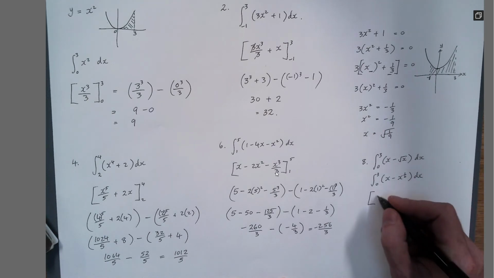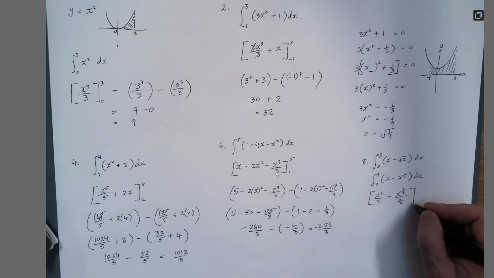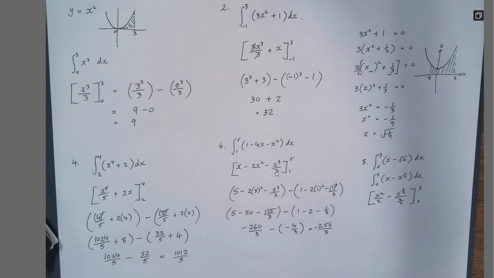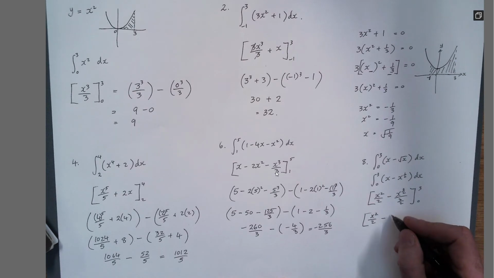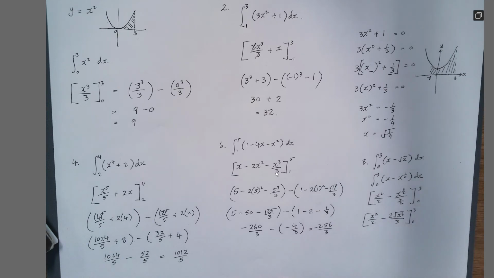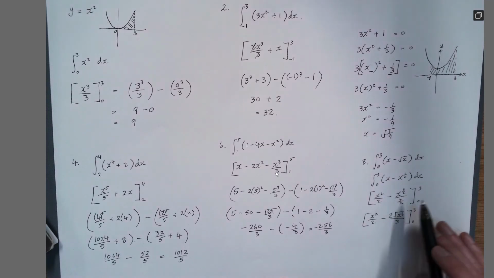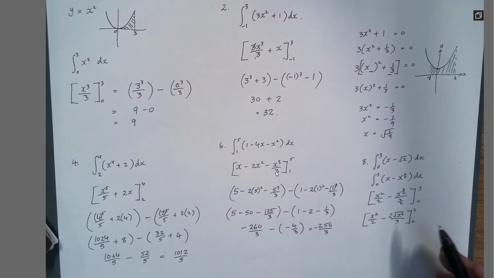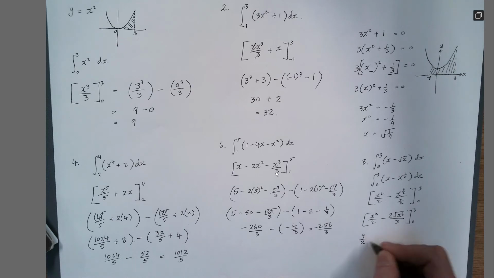As we integrate, x becomes x squared over 2, minus x to the power of 3 over 2, which is the square root of x cubed. So we get 3 squared over 2 minus the square root of 3 cubed.